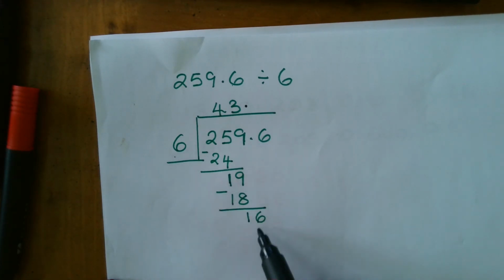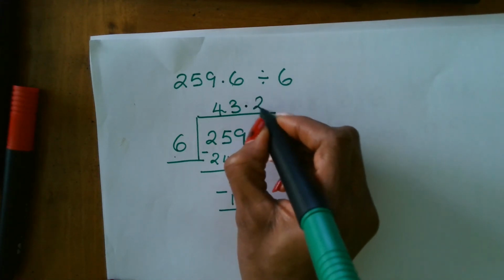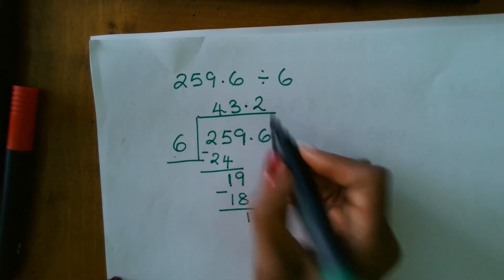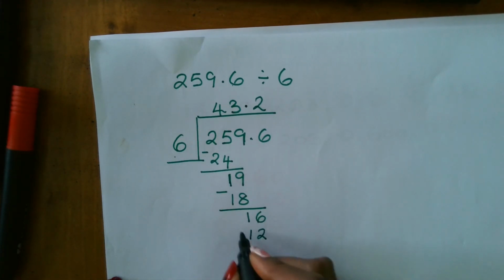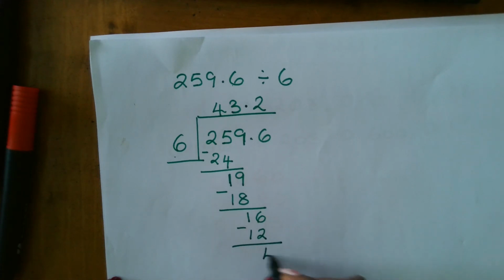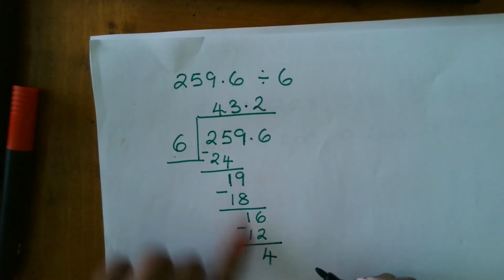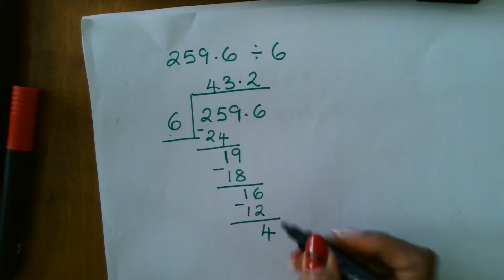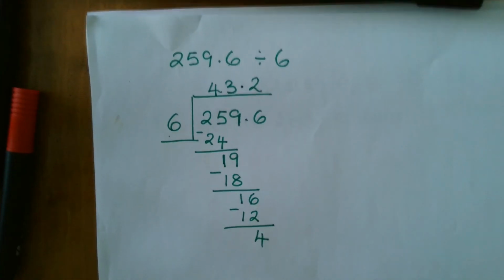So 6 can go into 16. How many times? 2 times, because 6 times 2 is 12. So I keep doing this until I get to where the examiner has asked me to stop or what the question is telling me to do.